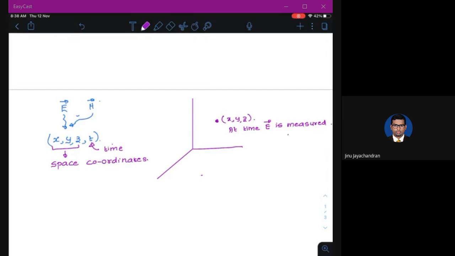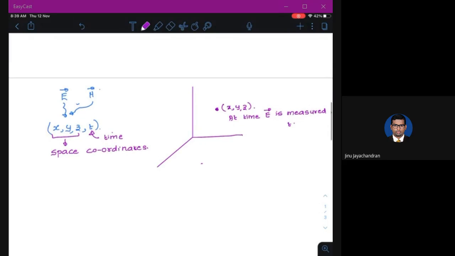Okay, so basically time will also come into picture. Similarly for magnetic field. And the space coordinates and time are independent.